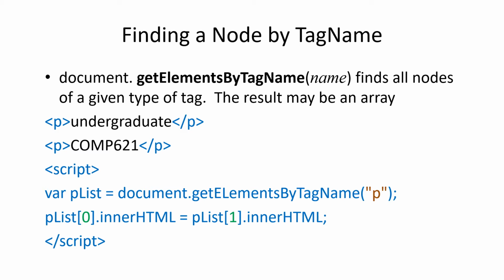And down here, because I access it like an array, element 0, the .html of that, or the text of that one, is going to be set to the innerHTML of the second one, or element 1 in brackets. So while initially it says undergraduate, comp 621, after the execution of the JavaScript, it'll just say comp 621 twice.